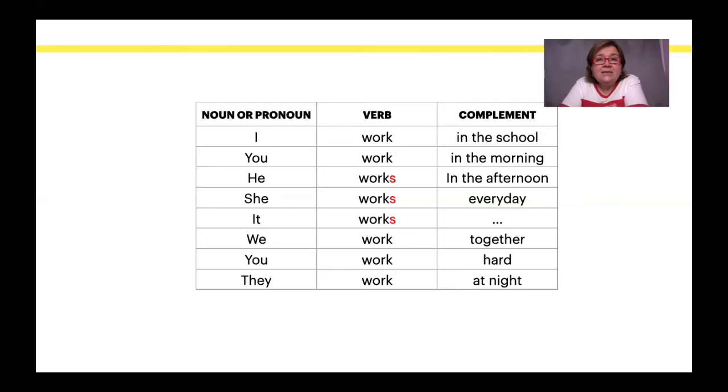Well, it's an impersonal pronoun. It cannot be a person. So if it is not a person, it can't work. I'm going to explain that to you later. We work together, you work hard, and they work at night.